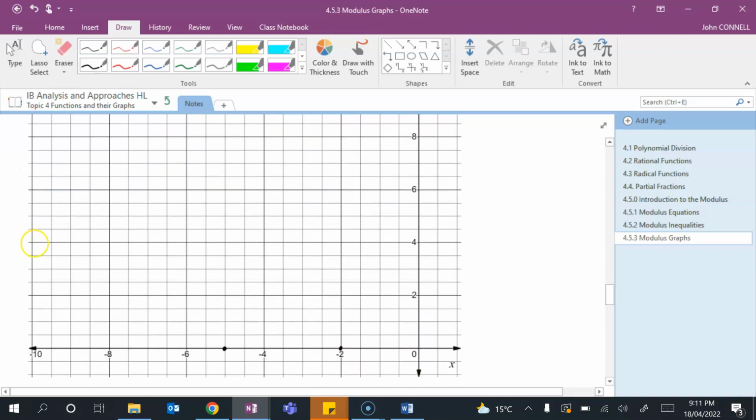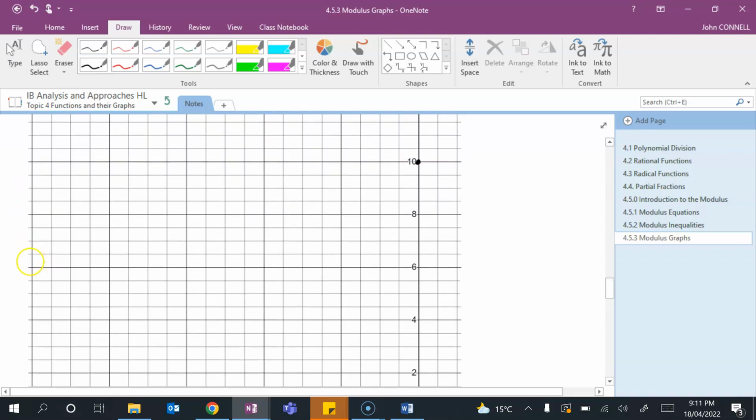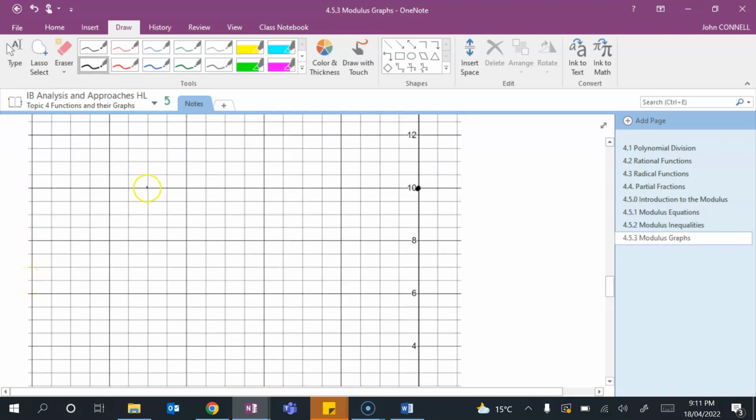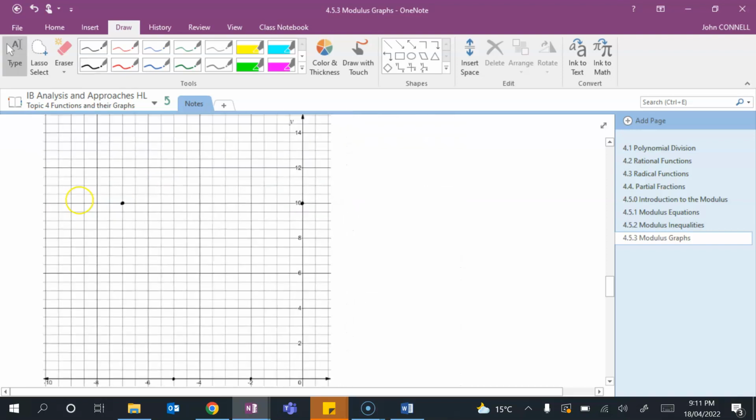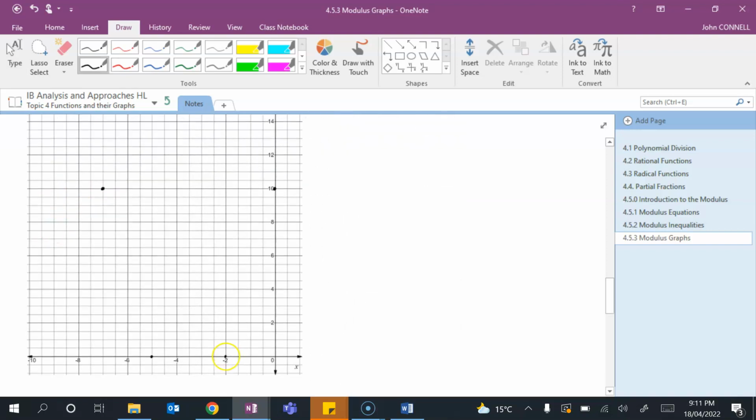Now by symmetry, if I go 2 to the right, I've gone up 10. If I go 2 to the left from minus 5, I must have also gone up to 10. So I can plot that point there using symmetry. And that gives me part of my graph. Gives me that bit. And it gives me that bit.